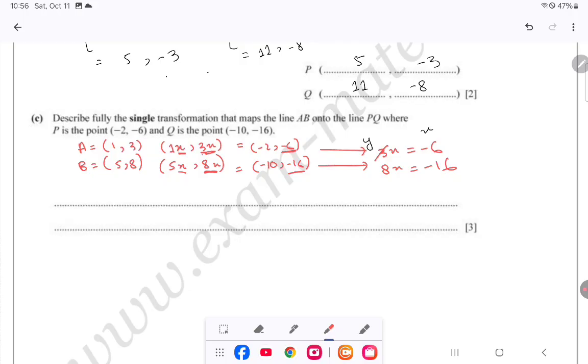For the enlargement, 3 into 2 is 6, and 8 into 2 is 16, which is negative of 2. So it is confirmed, it is negative 2. So the points are enlarged with the number negative of 2.